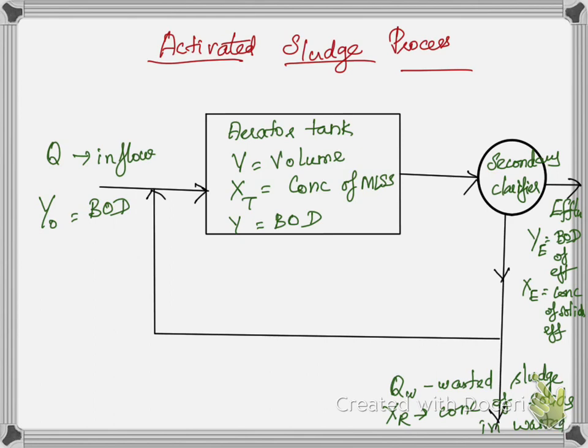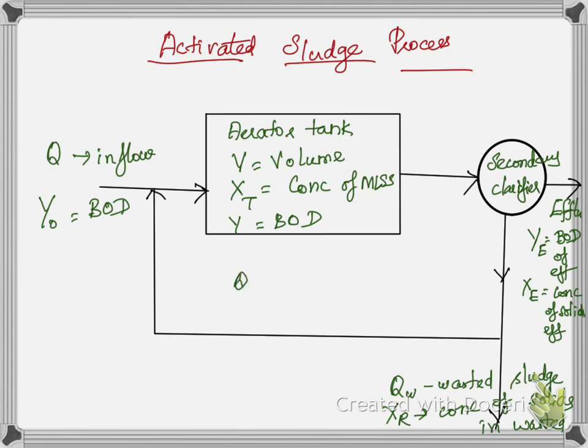If you want to enhance the microbial activity, a certain amount of sludge has to be taken and returned back into the aeration tank. So microorganisms will grow and oxidize the organic matter. Imagine that some sludge has been taken and again circulated into your aerator tank.